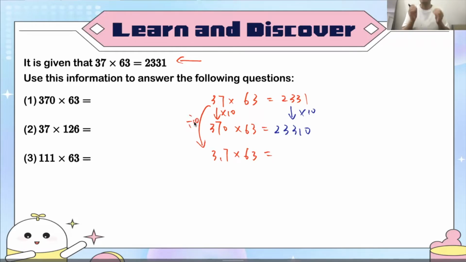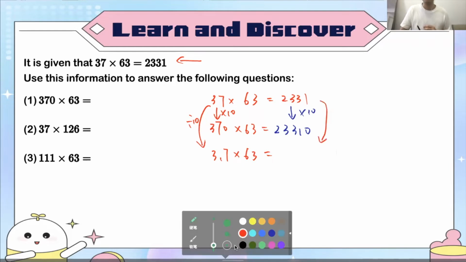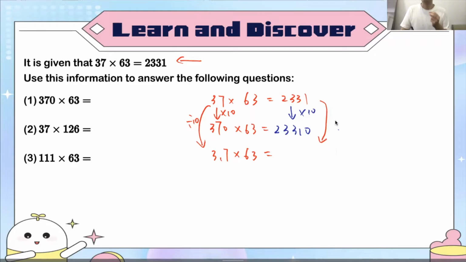If we divide one multiplier by 10 and keep the other the same, how does the product change?